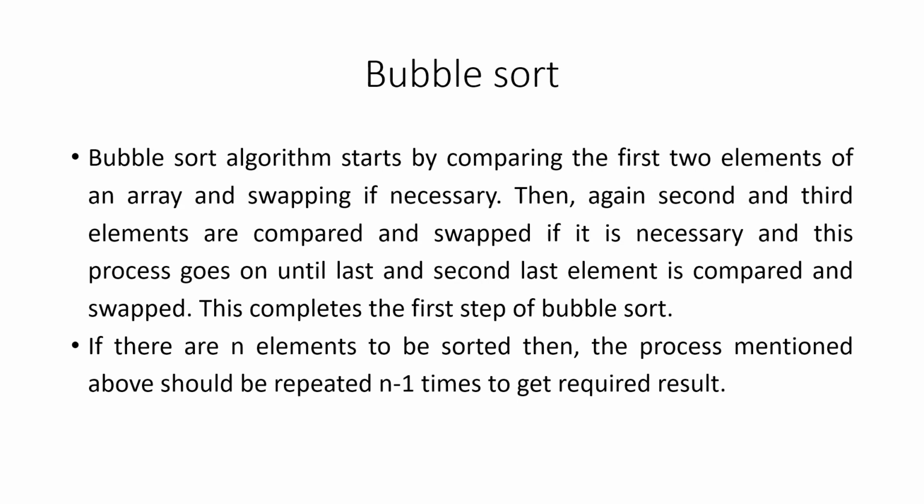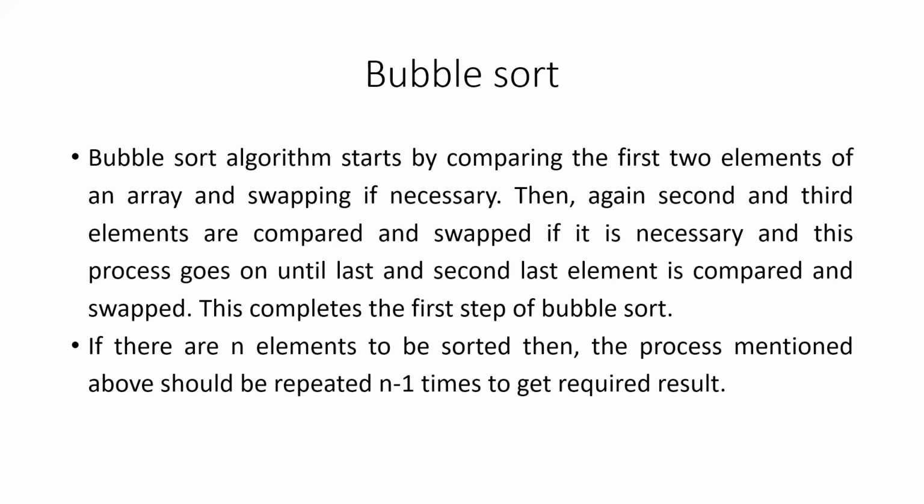How bubble sort works is by comparing the first two elements of an array. First of all, the elements will be stored in a single dimension integer array, and it starts by comparing the first two elements. If they are not in order, in order meaning the first element should be less than the second element, we swap them.